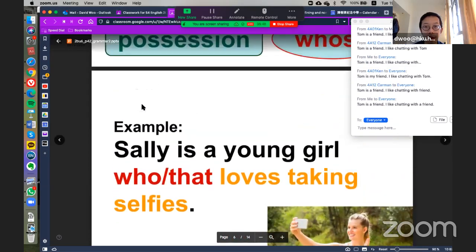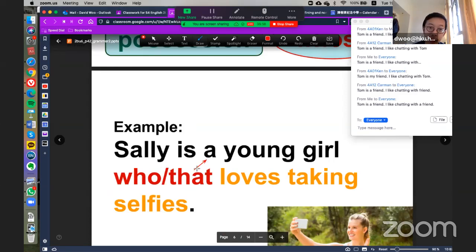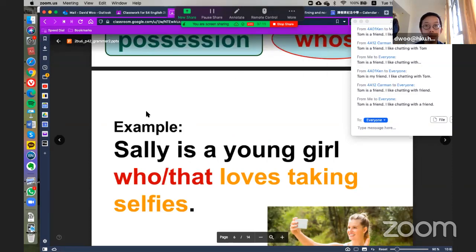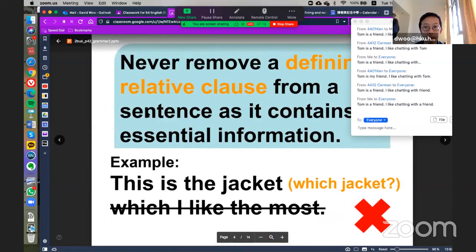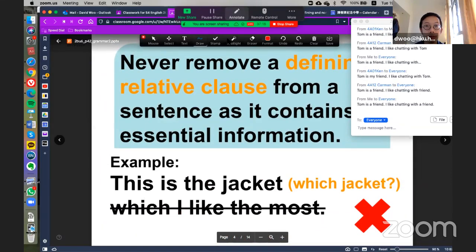Let's see if we can't do that again. So, who or that refers to a young girl, not who just happens to be Sally, but who or that actually refers to a young girl. Similarly, which refers to the jacket.